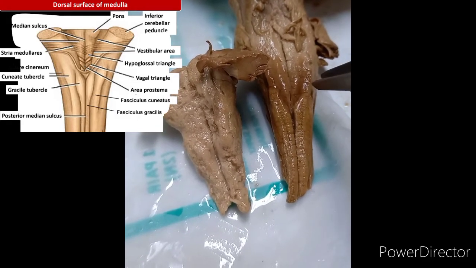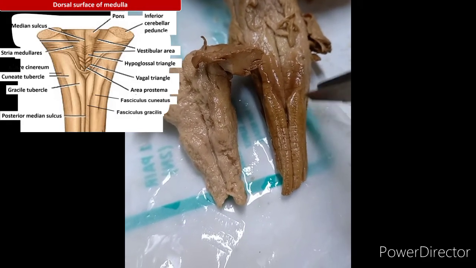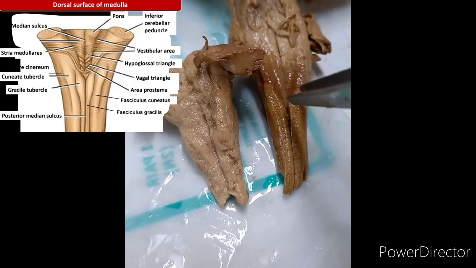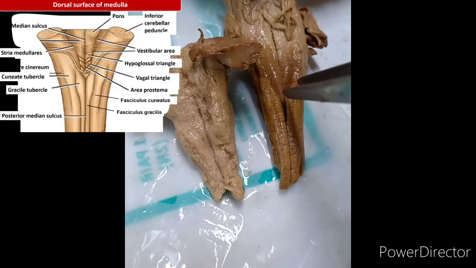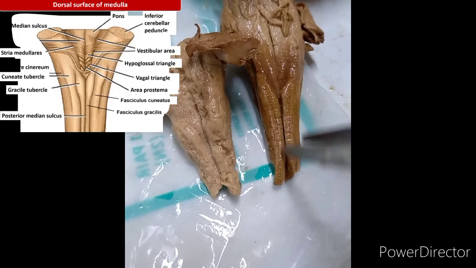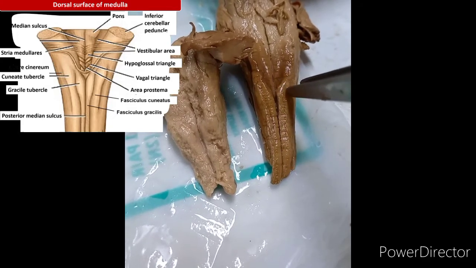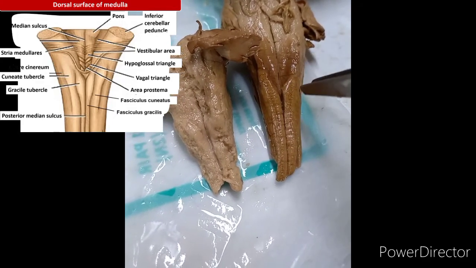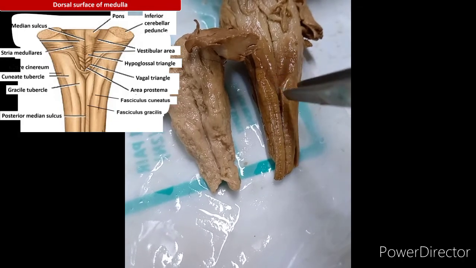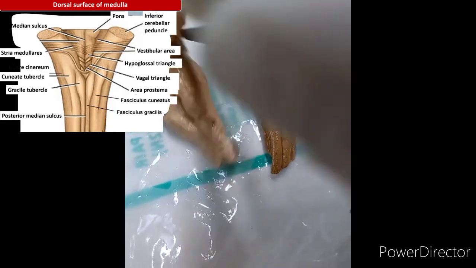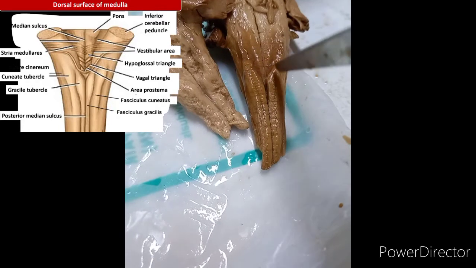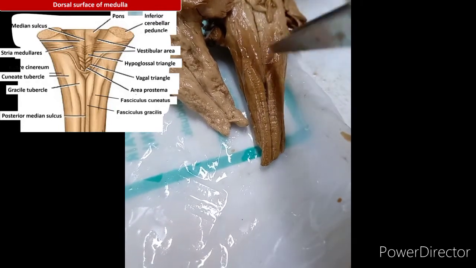And this is the position of the inferior cerebellar peduncle. So from medial to lateral, we will get the gracile tubercle and fasciculus gracilis, the cuneate tubercle and fasciculus cuneatus, and the inferior cerebellar peduncle. And this is the position of the fourth ventricular rhomboid fossa.